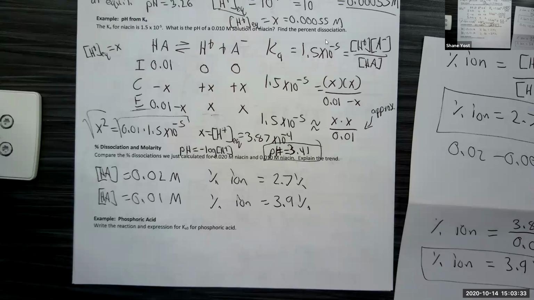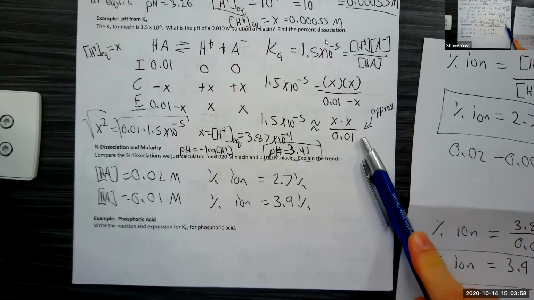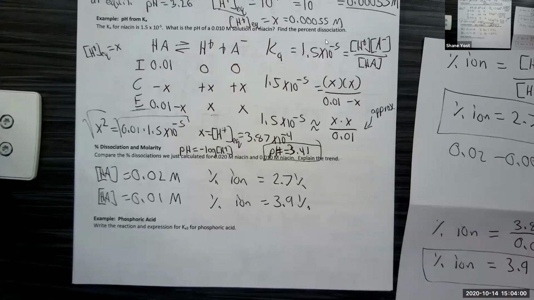And then I want to note that all these percent ionizations are relatively small, 2.7%, 3.9%. When the percent ionization is less than, I'm trying to remember what the rule of thumb is, 5 to 10%, I think typically 5% or so, then the approximation that we used up here is valid. Now in lab, I think they have a different kind of rubric that they use to discuss when this approximation works.